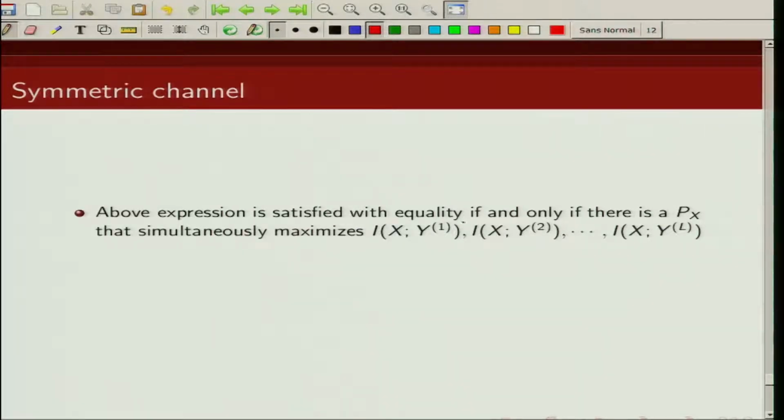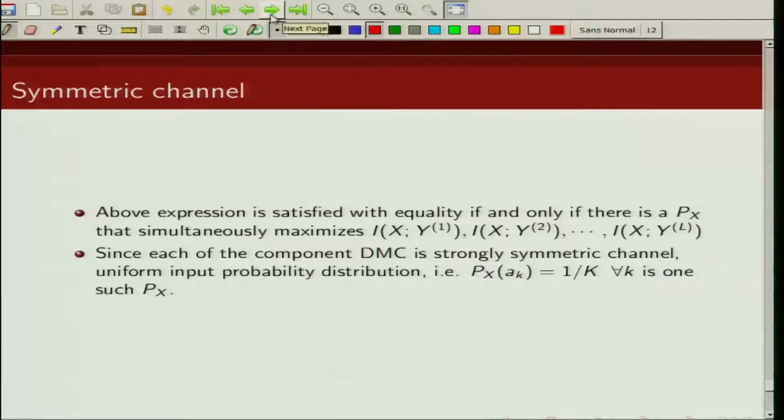The above expression, as I said, is satisfied with equality if and only if there exists an input distribution that simultaneously maximizes the mutual information of each of these individual channels, and we know it is the uniform distribution that will maximize this. Why? Because each of these individual discrete memoryless channels is a strongly symmetric channel.